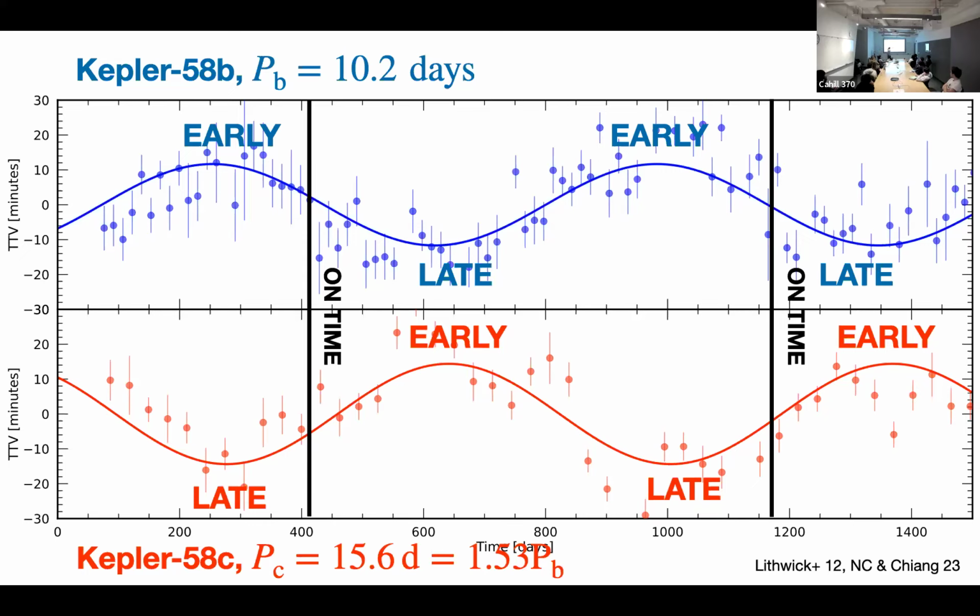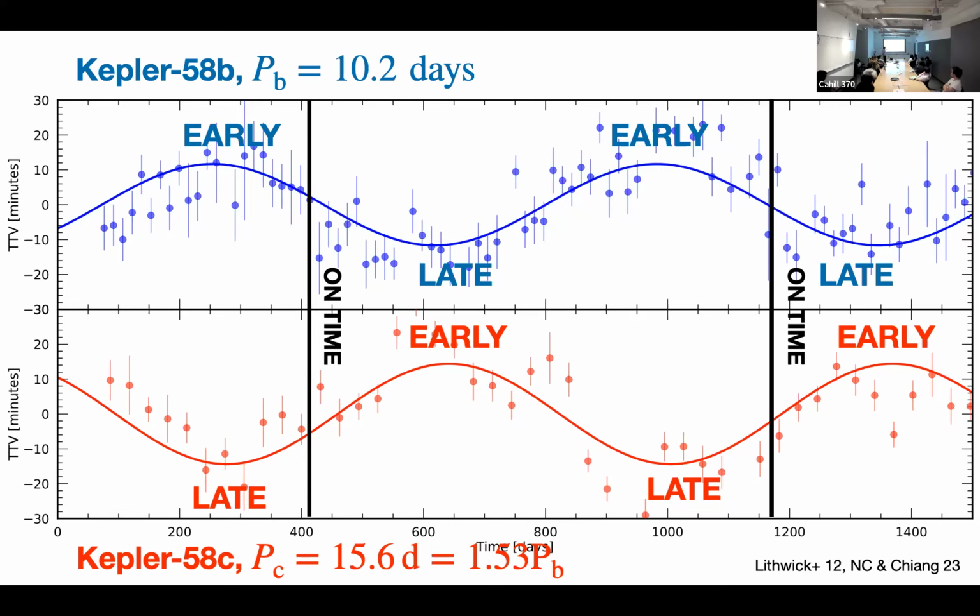The y-axis is plotting how early or how late the transit happened compared to the strictly periodic orbit. So when B arrives a little bit early compared to the mean orbital period, C arrives a little late, and vice versa. They're like a pair, so these fluctuations for the two planets are anti-correlated.